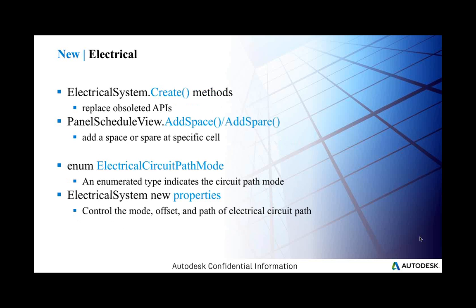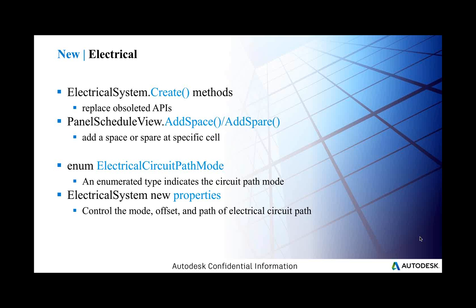For the electrical side of MEP, we have a whole bunch of create methods. Again, those are static methods on the electrical system class, which replace the obsoleted APIs and hint at underlying improvements in the base classes.